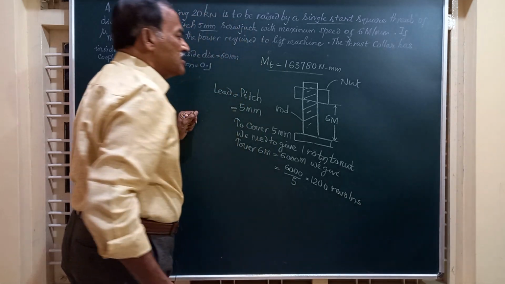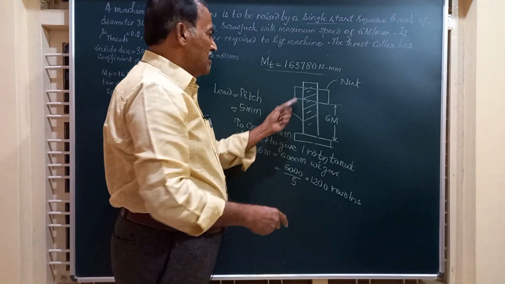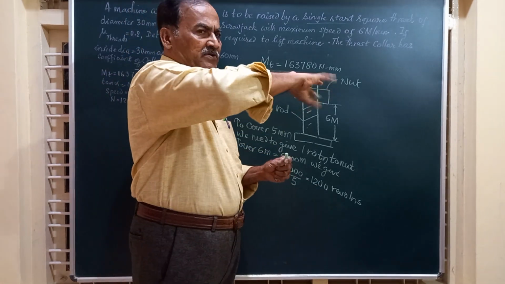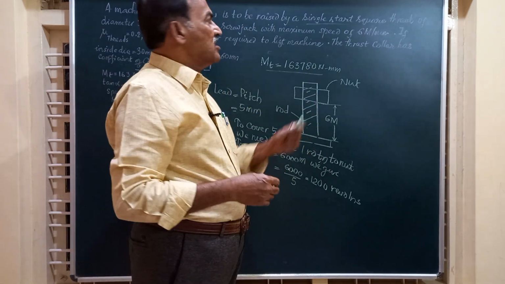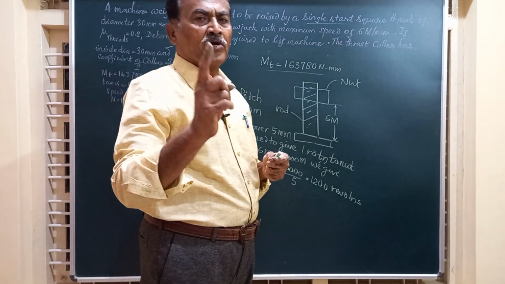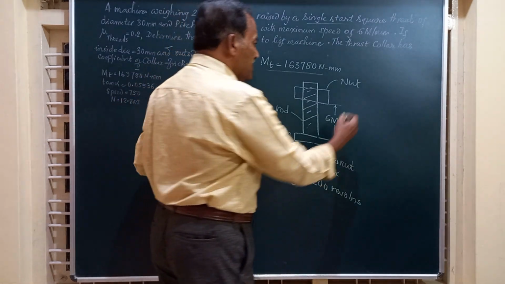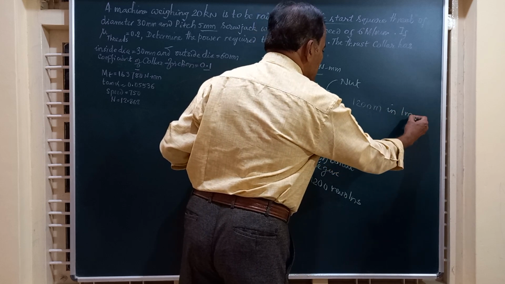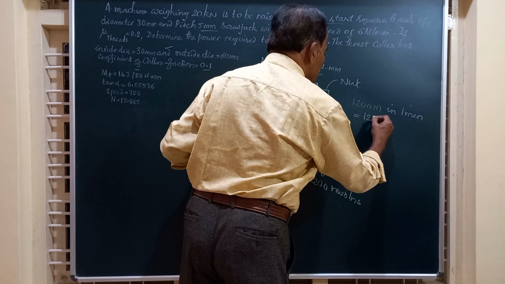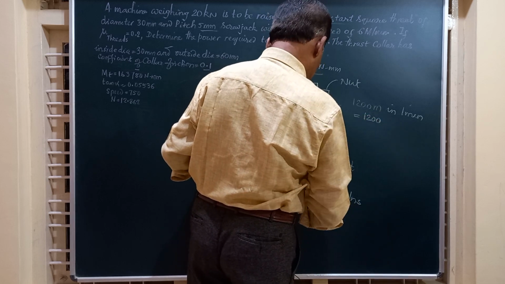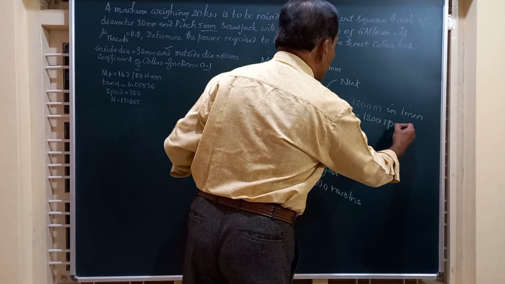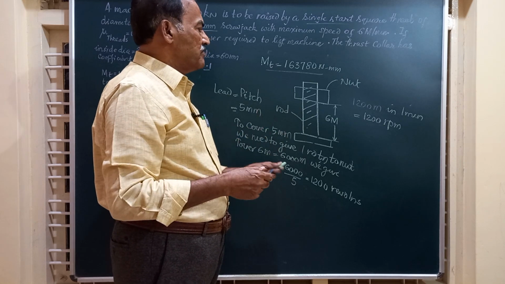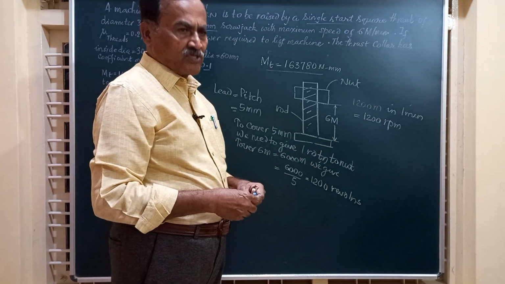In other words, by giving this nut 1200 revolutions, it is going to cover 6 meters, and this 6 meters is to be covered in 1 minute. So that is 1200 RPM, that is, the speed of rotation is 1200. If it is moving at a speed of 1200 RPM, it will be able to cover 6 meter distance.